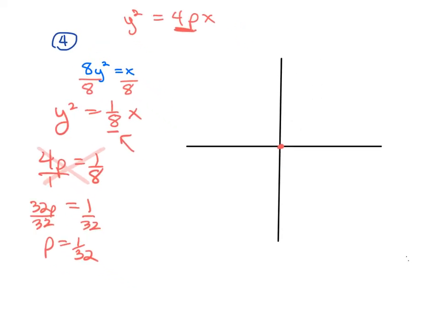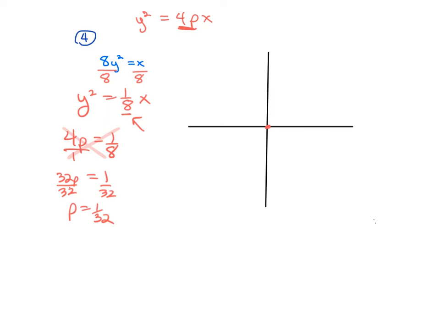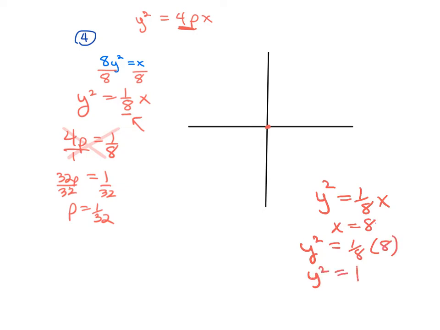So now, let me go ahead and plug something in. Notice in my equation, if I use the rearranged one, let's say I want to get rid of the fraction. So let's say I make x equal 8. If I do y squared equals 1/8 times 8, y squared equals 1.